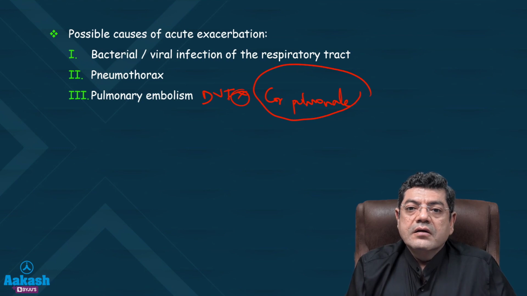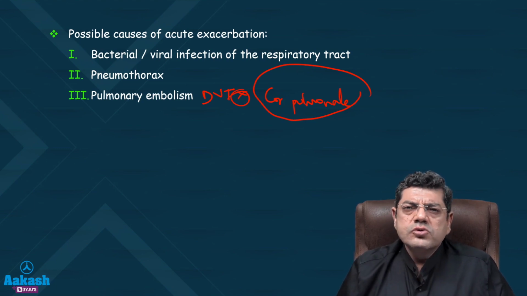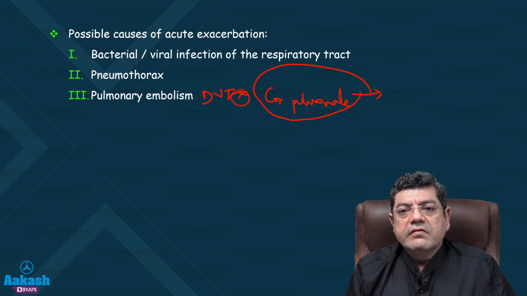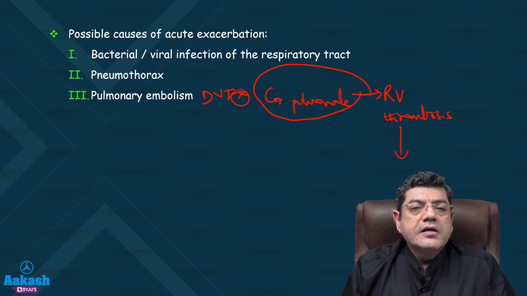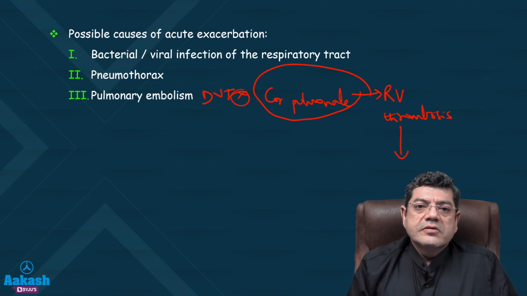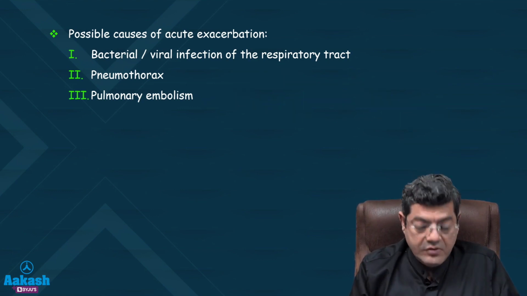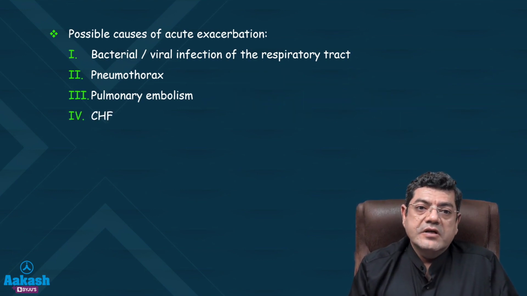Their right heart blood flow is so sluggish that they can develop right ventricular thrombosis, and from that thrombus a part embolizes to the pulmonary artery, right? So, that is another thing that you must consider for COPD patients in an acute exacerbation.